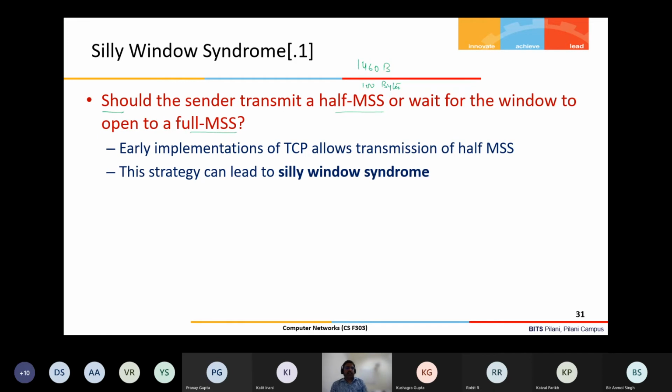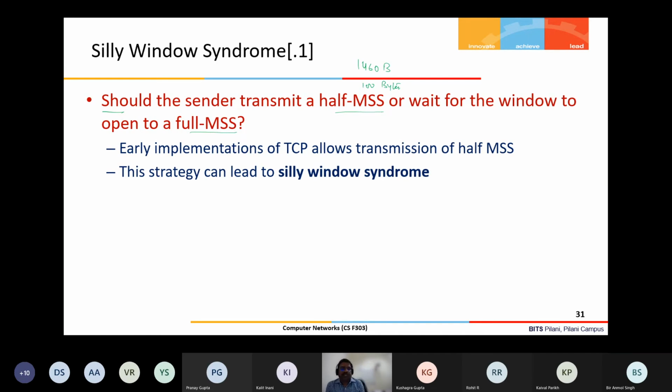Now the question is, should the sender immediately create one small segment of 100 bytes and send it into the network, or wait until it gets the full segment size, because sending a full segment gives better throughput with less overhead? Otherwise, for every 100 bytes you have at least a 40 byte header from TCP and IP, and then a link layer header of 18 bytes in case of Ethernet.